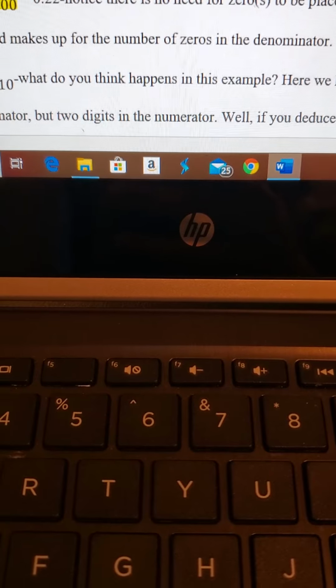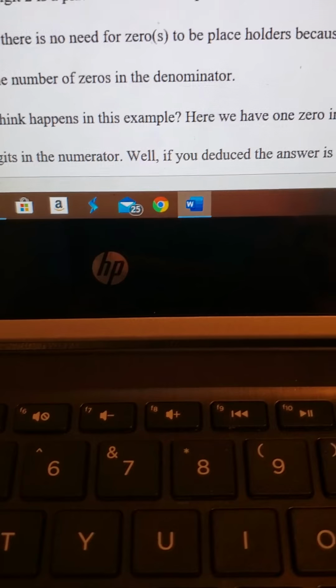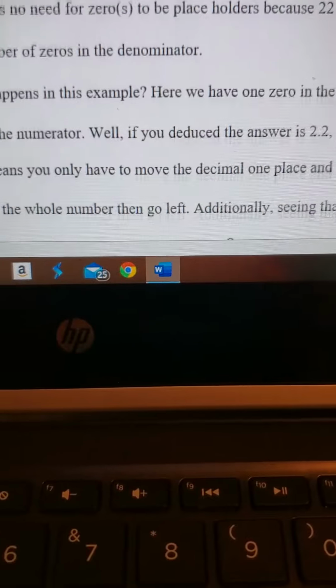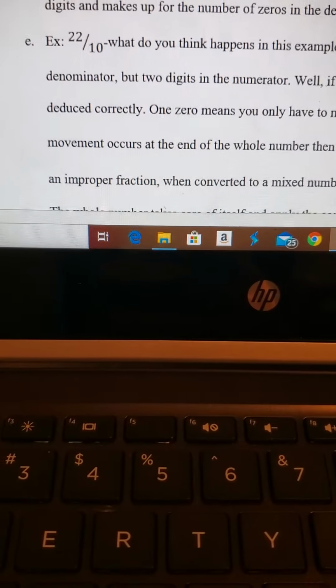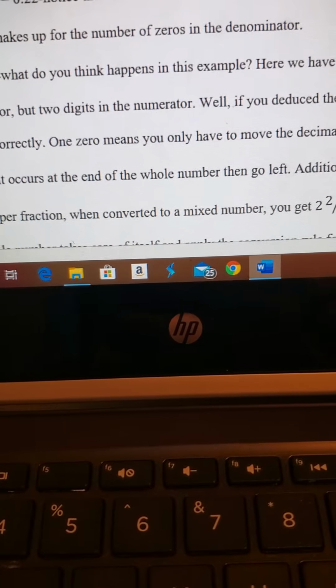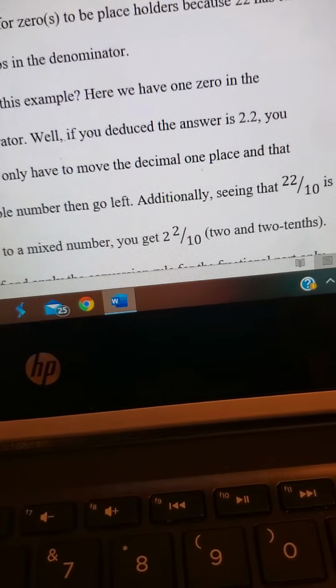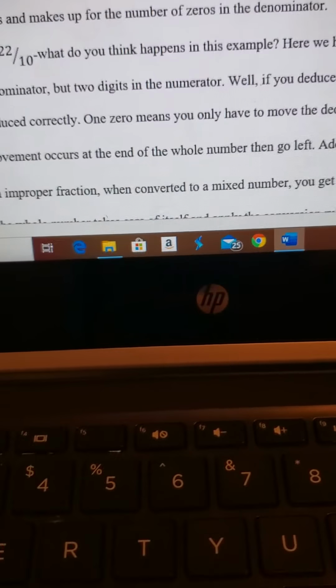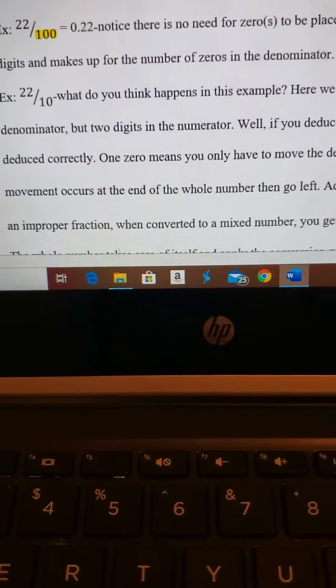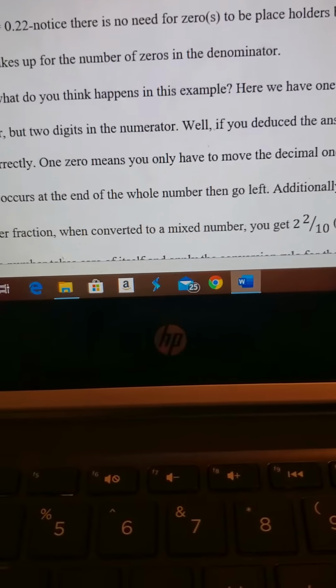So according to my notes, what do you think happens in this example? Here we have 10 in the denominator. It's 22 tenths, with 2 digits in the numerator. Well, if you deduced the answer as 2.2, or 2 and 2 tenths, you deduced correctly.